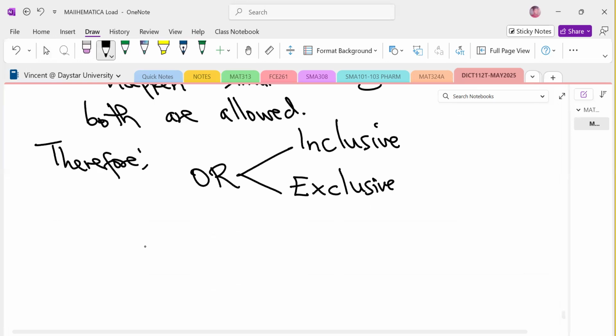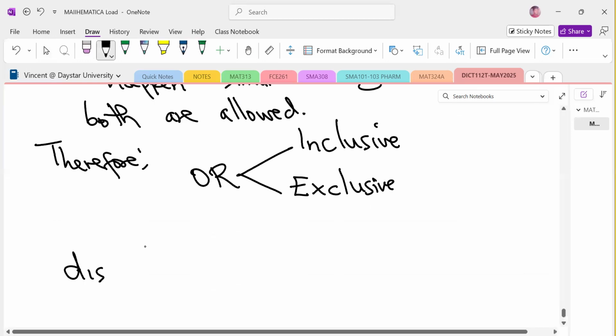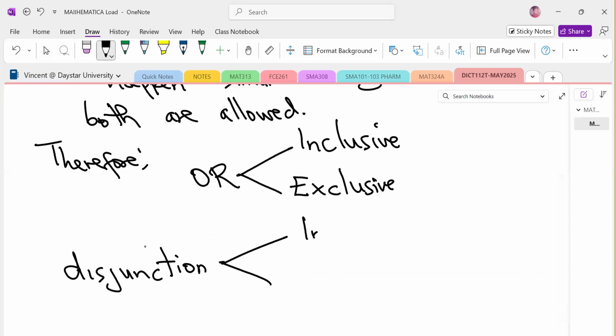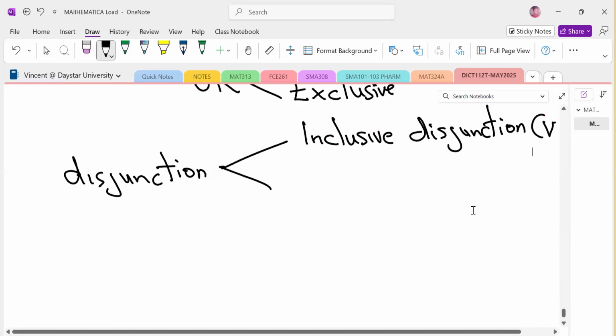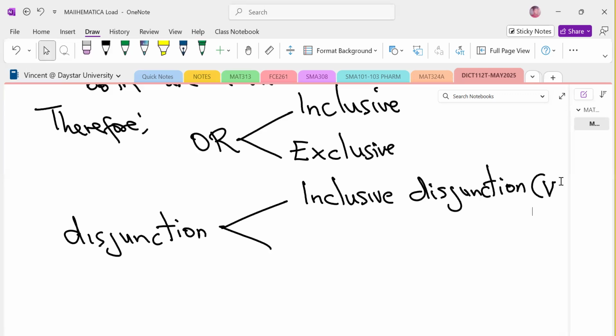And this results into us having two kinds of disjunction. We have what we call inclusive disjunction, for which we just use the same notation we have already given for disjunction by default.